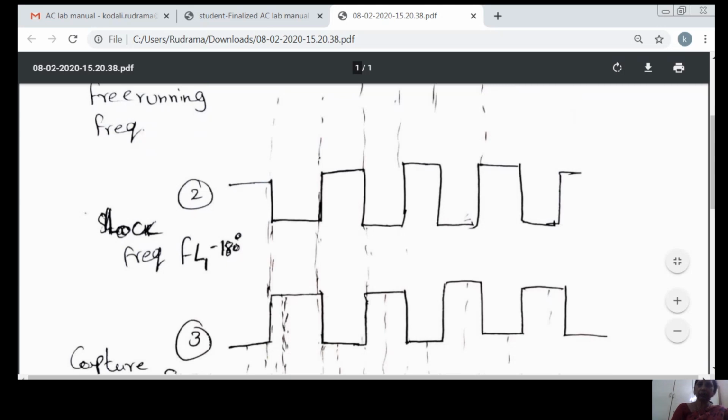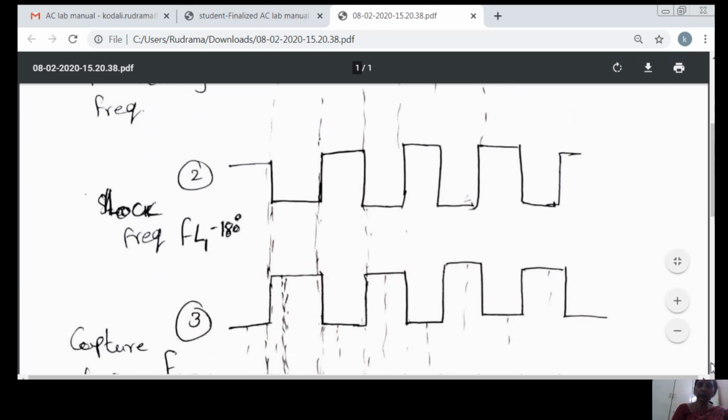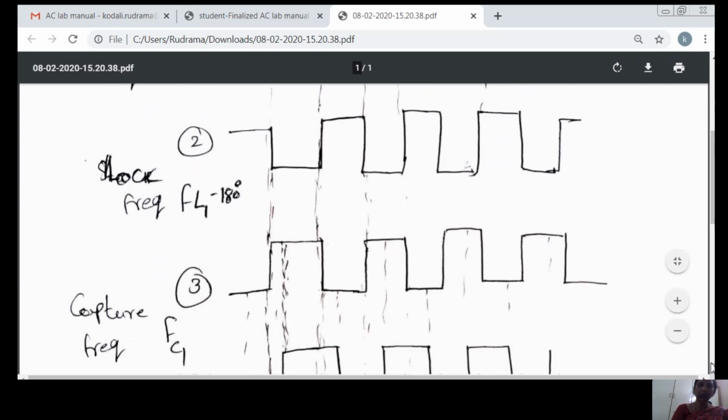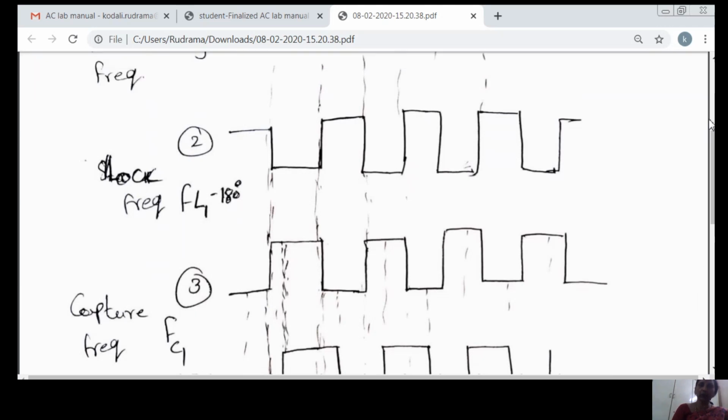Next, after noting this lock frequency FL1, you have to change the input frequency continuously and gradually, so that the free running phase and the input signal phase become completely the same. That means there is no phase error; the phase error is 0.